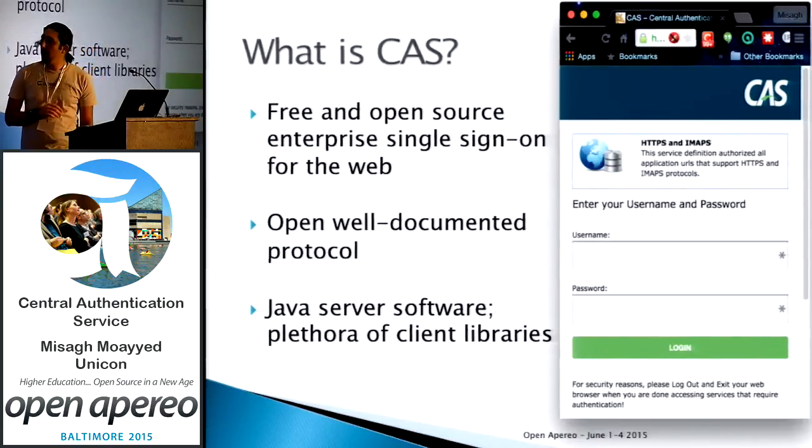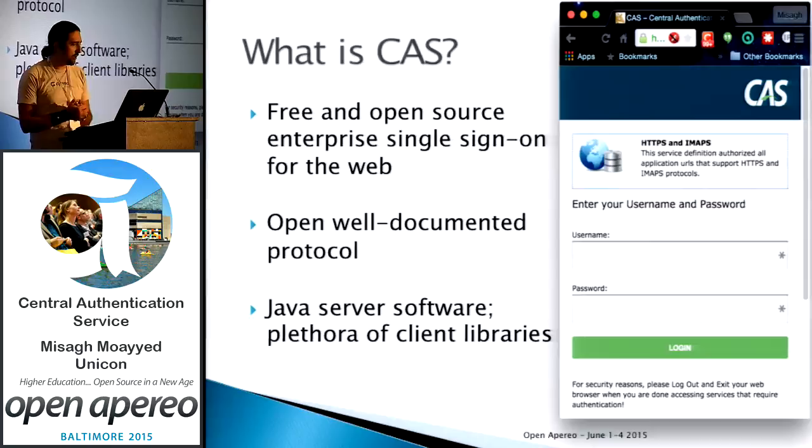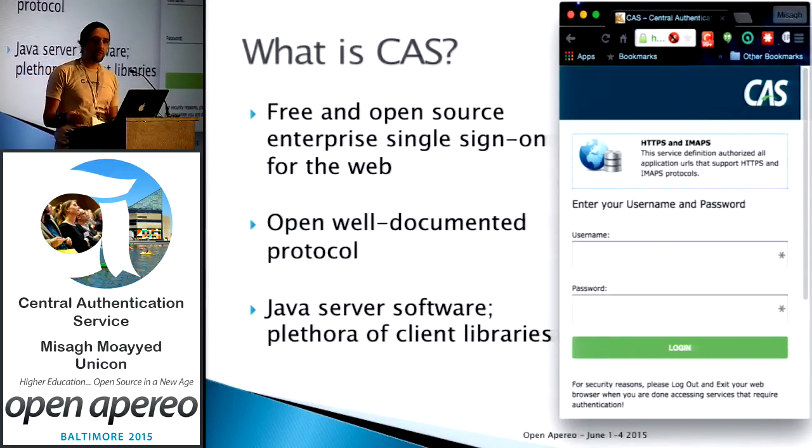Okay, so following up on introductions, what is CAS? Describe CAS in 10 or fewer words. So CAS is free and open source enterprise single sign-on software for the web. Its primary mission is to provide SSO for web applications, although it has been extended to support non-browser-based authentication flows.